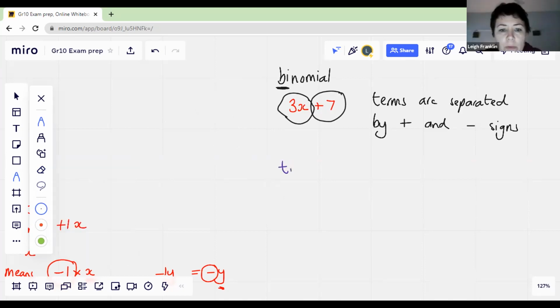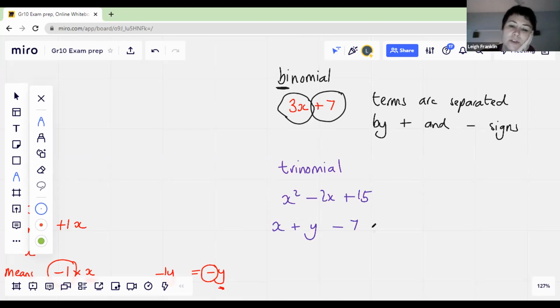Now, a trinomial, like the ones that we were working with, can be something like x squared minus 2x plus 15. But it can also be something like x plus y minus 7. Those are both trinomials. So the word trinomial means a 3-termed expression.